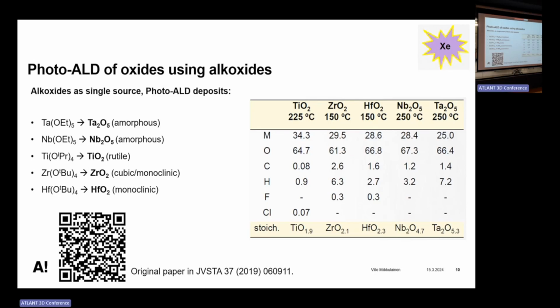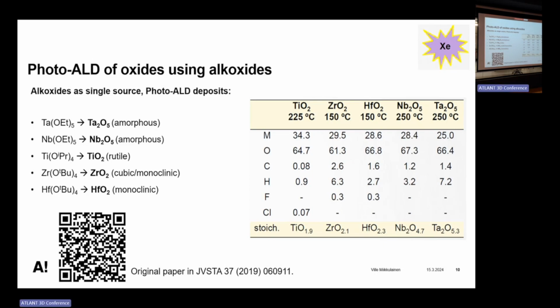And the stoichiometry, also based on this data, is quite close to the stoichiometric proportions, with a slight offset because of the impurities present. Niobium oxide was actually slightly oxygen deficient, and that also affected its electrical properties and the density.